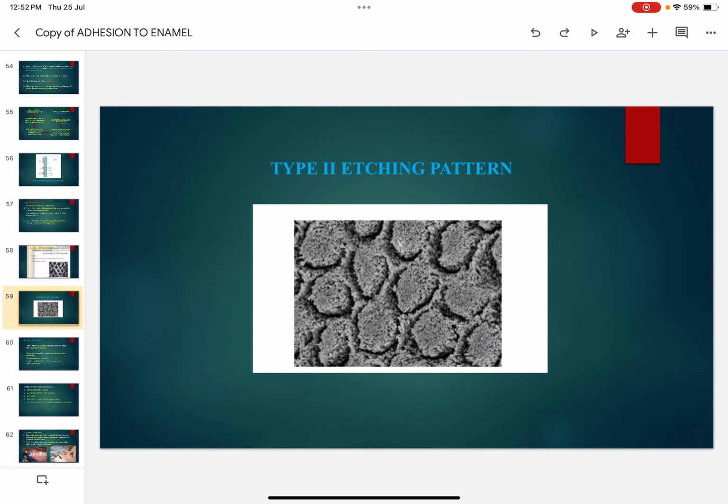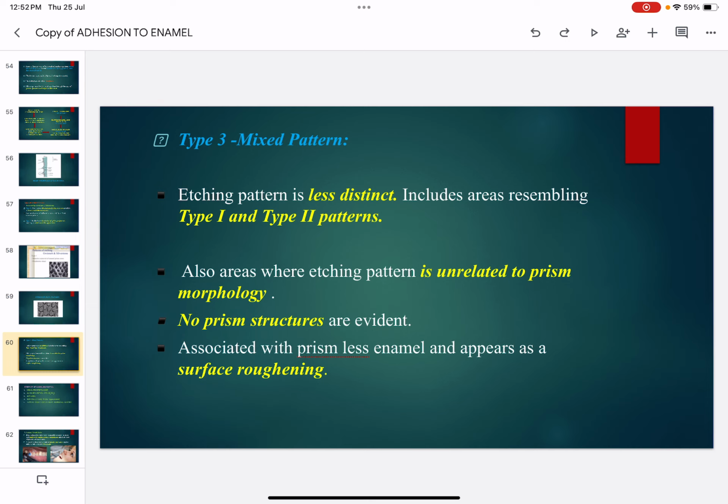In type 2, there is selective removal of the enamel prism peripheries, whereas the prism core remains intact, thus giving a cobblestone appearance. And type 3 is a less distinctive type of etching pattern, resembling both type 1 and type 2 patterns.